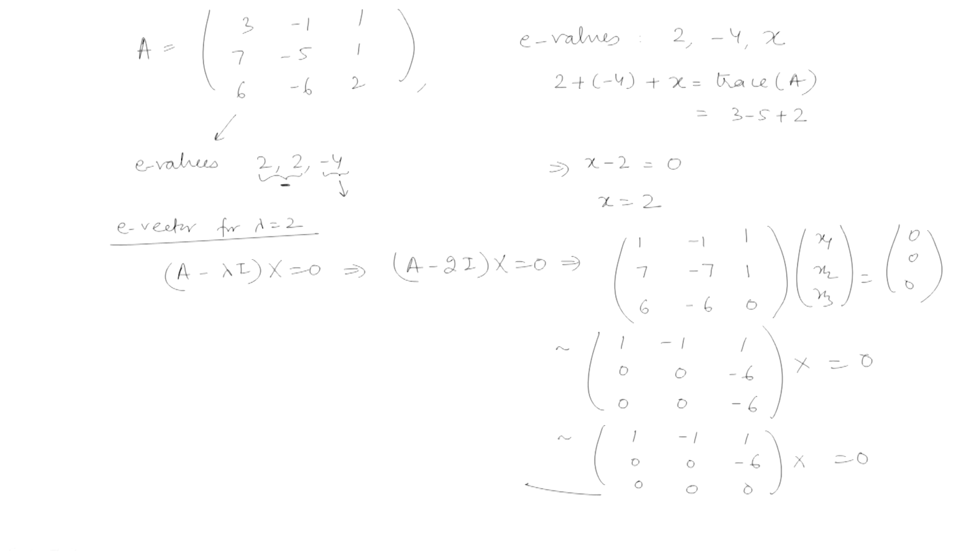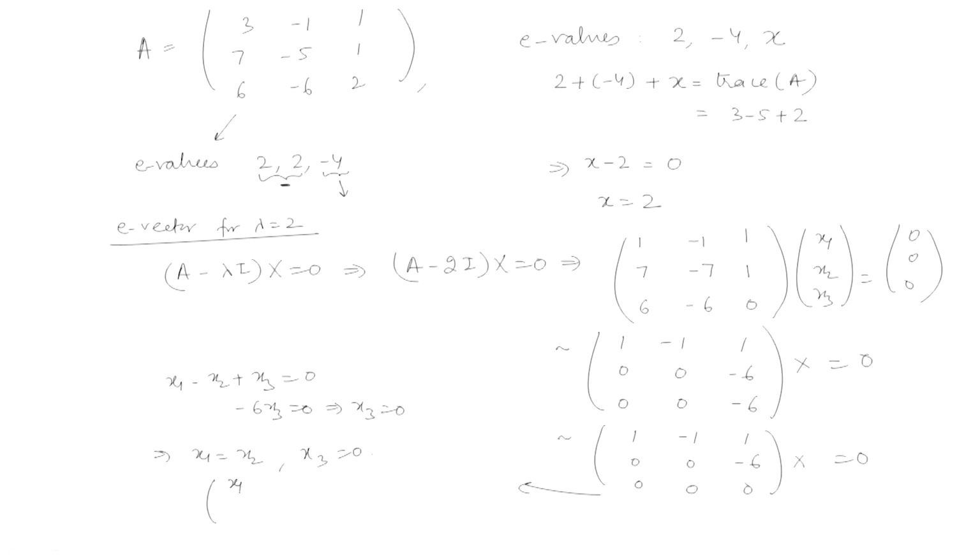So, what we have obtained is x1 minus x2 plus x3 equal to 0 and minus 6 x3 equal to 0. This implies x3 equal to 0. Substituting x3 equal to 0, we obtain x1 equal to x2. So, how many linearly independent eigenvectors correspond to lambda equal to 2? Only one, which is x1 x1 0, or 1 1 0.